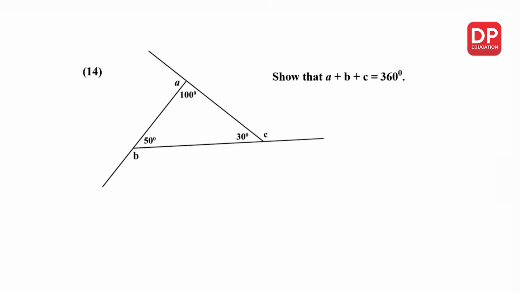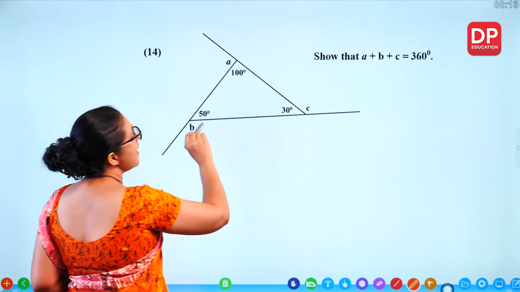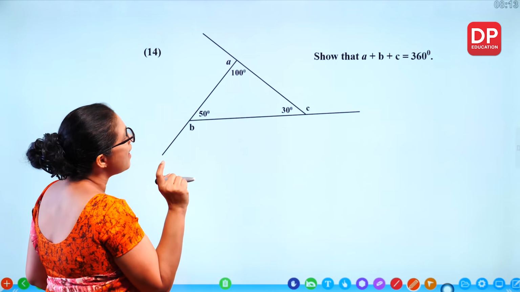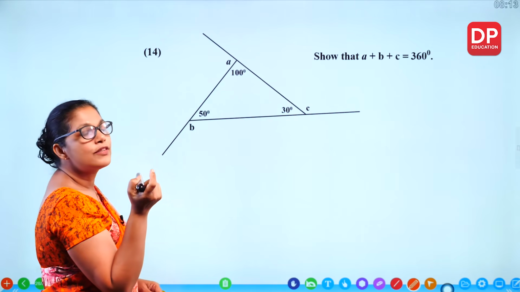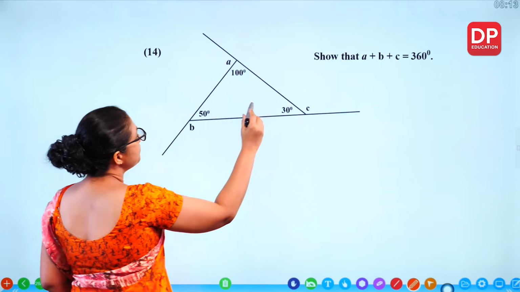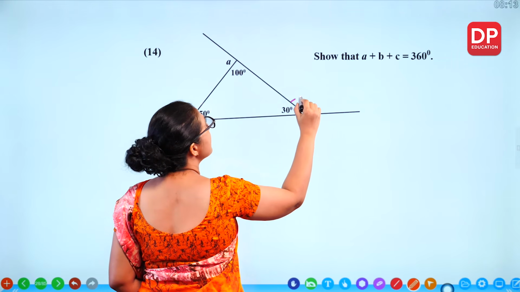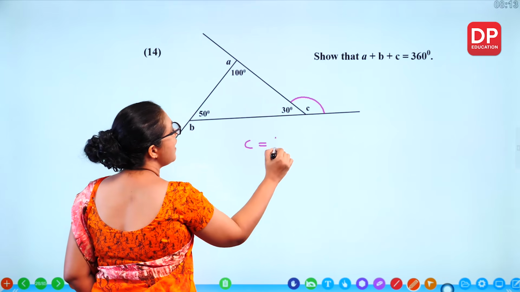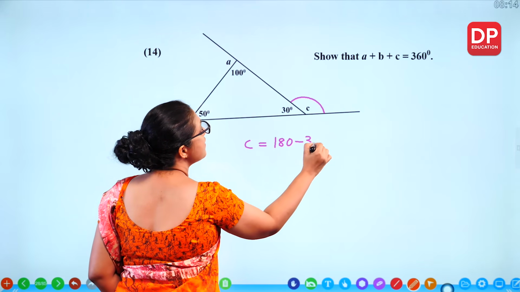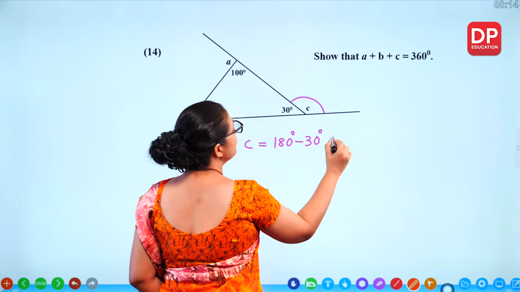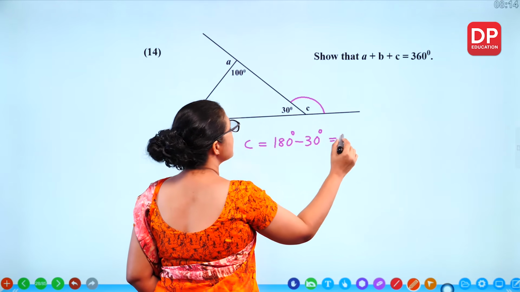Take this diagram. So you have given a triangle and some of the lines extended and created exterior angles. Show that A plus B plus C is 360. So what we can do? We can find out this angle. What's C angle? 180 minus 30 degrees because this is a straight line. So what's the C angle? That's 150.